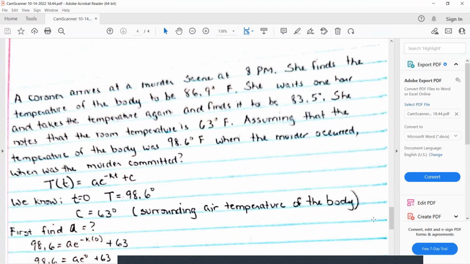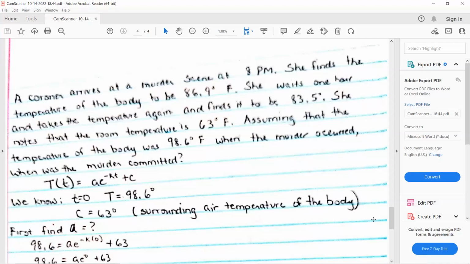Okay. A coroner arrives at a murder scene at 8 p.m. She finds the temperature of the body to be 86.9 degrees Fahrenheit. So that's your T0, right? Except now here's the thing, your T0, you don't have, because you don't know when the body was killed, all right?